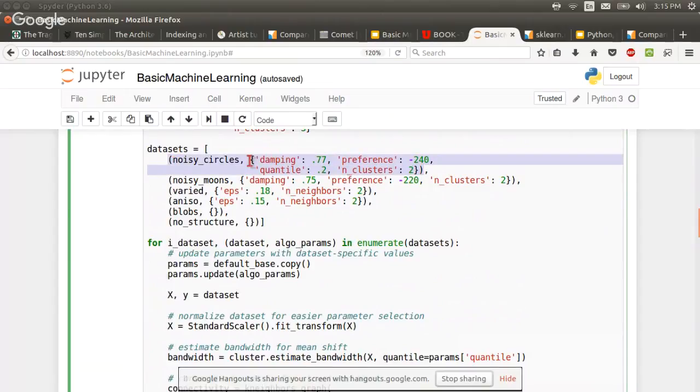And if you look one level deeper, if you're not that familiar with Python, these are not maps, they're dictionaries. When you see these curly brackets, you'll see a key and a value, and then another key and a value. So they're basically setting up a list of tuples with the actual data set, and then some parameters for the data set.